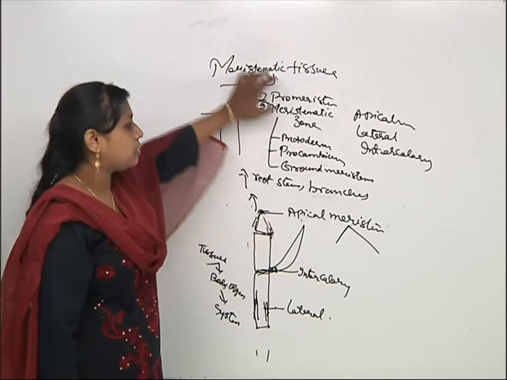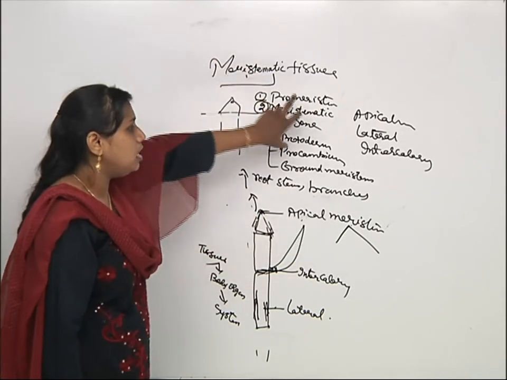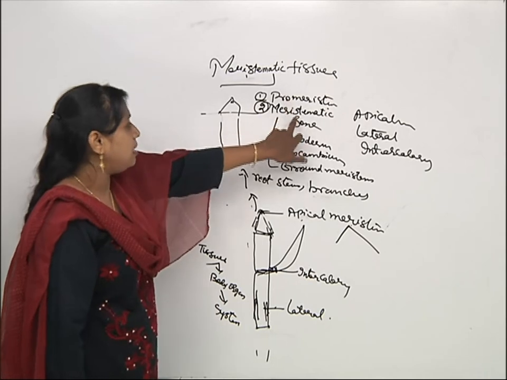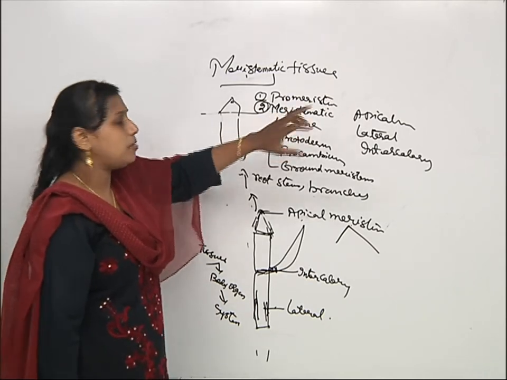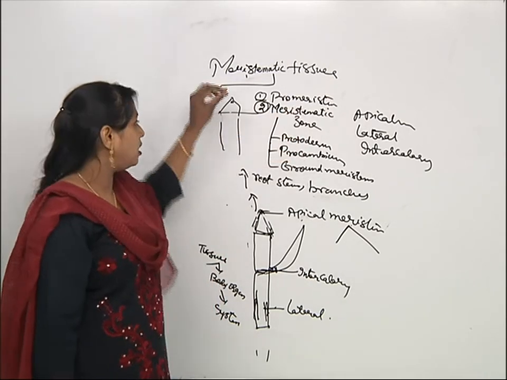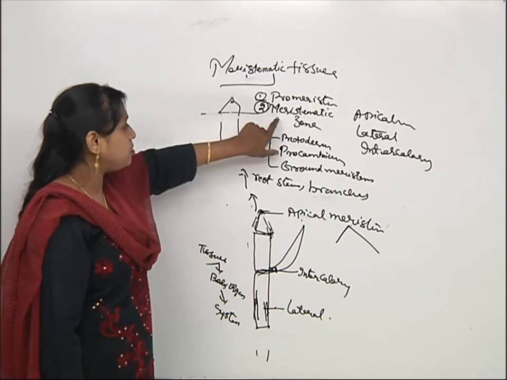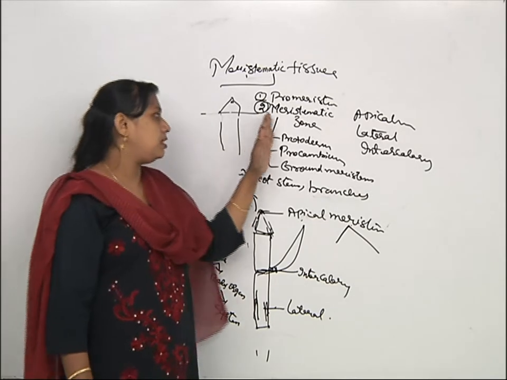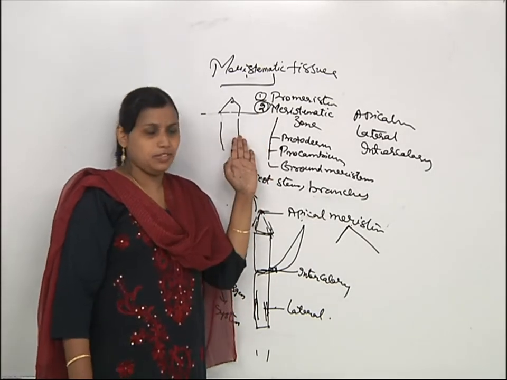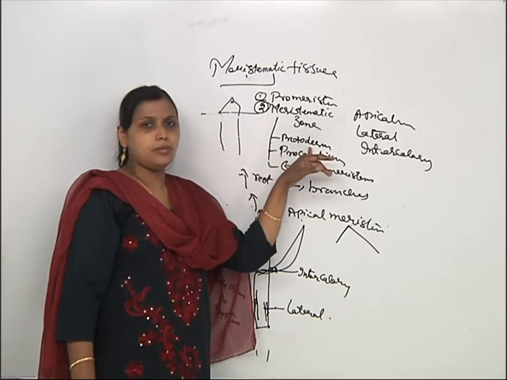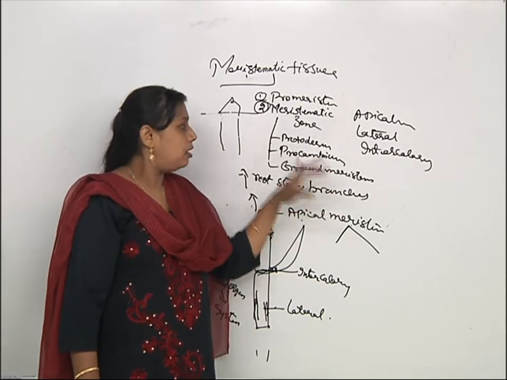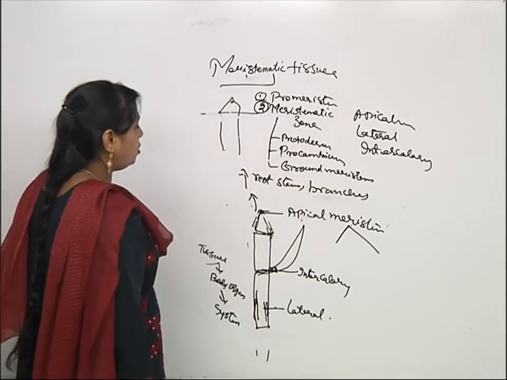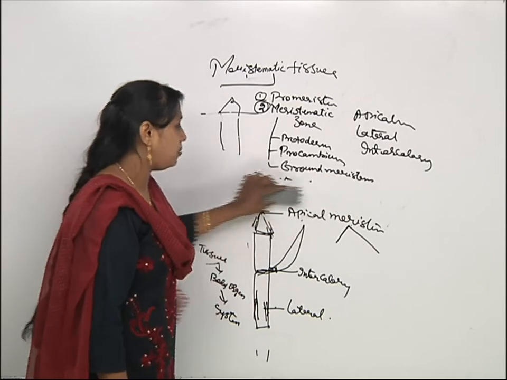This apical meristem has 2 parts, called promeristem and meristematic zone. This promeristem has a group of dividing cells at the initials, and this meristematic zone helps in the dividing of the cells, and this meristematic zone is again divided into 3 parts: protoderm, procambium and ground meristem. Now, what does this protoderm, procambium and ground meristem help in?